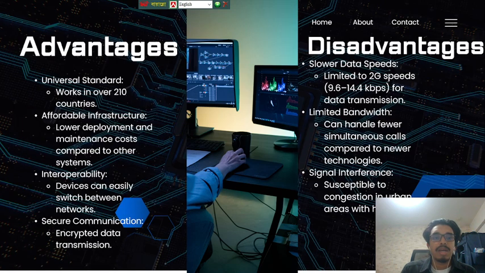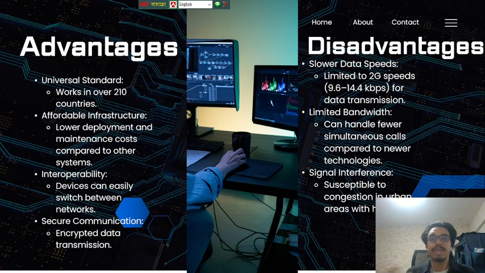And here are the advantages and disadvantages of GSM. The advantages of GSM are that it's a universal standard, works in over 210 countries, and has affordable infrastructure with lower deployment and maintenance cost; interoperability, so devices can easily switch between networks; and secure communication with encrypted data transmission.